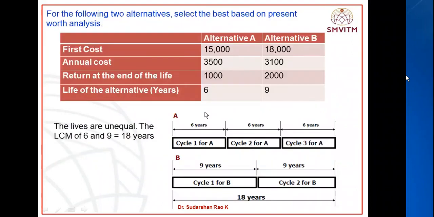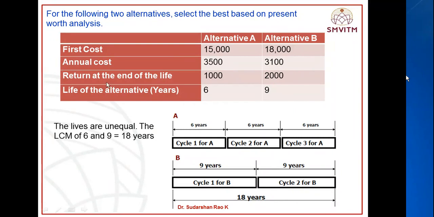The next example is for unequal life. For the following alternatives, select the best based on present worth analysis. These are two alternatives, A and B. Alternative A has a first cost of 15 lakh and an annual cost of 3,500, which is also a cost only.